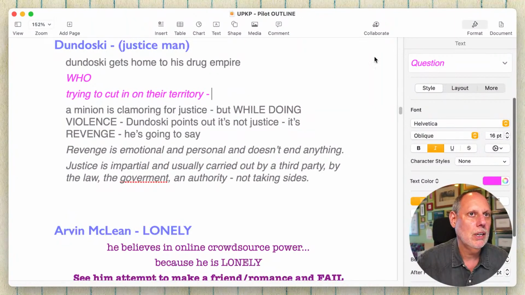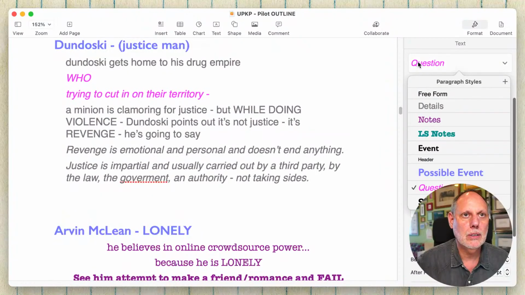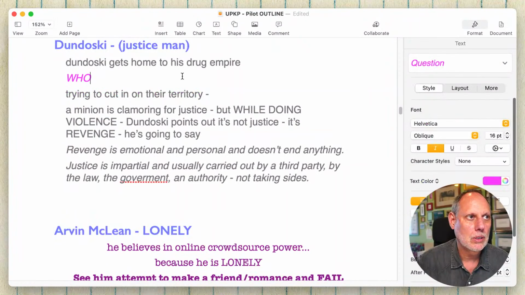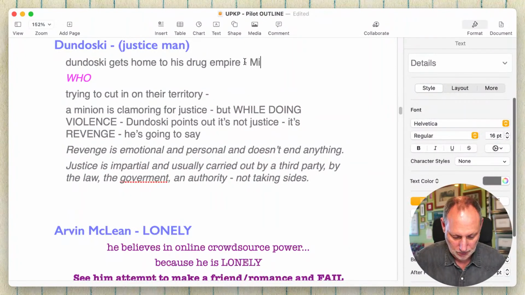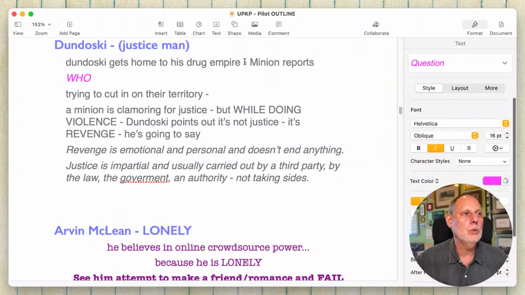So the question is, who is doing it? Okay, who? We want someone scary and equally someone intimidating, someone a worthy adversary.